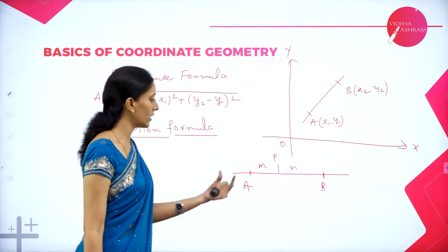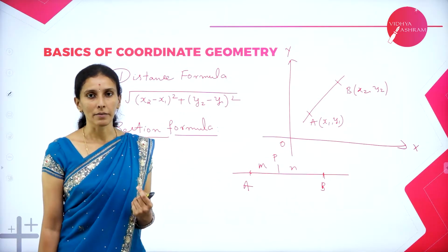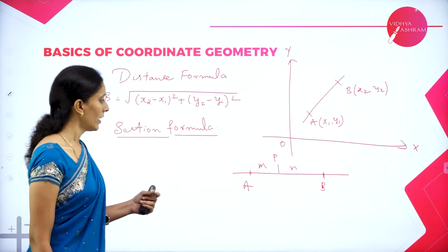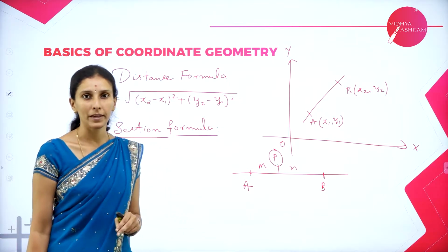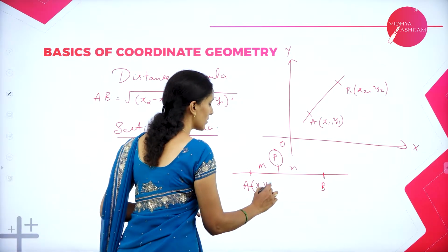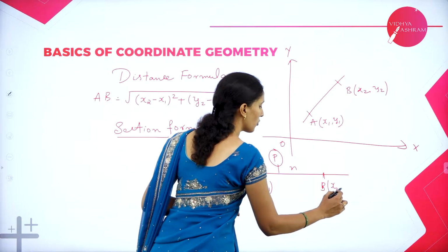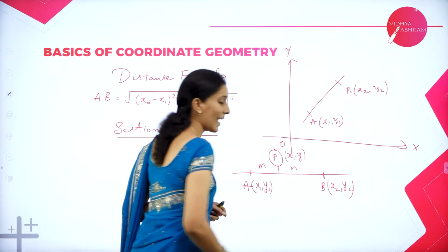The distance between them is considered in terms of ratio, that is m and n. Then how to calculate the coordinates of point P? Consider the coordinates of A as x1, y1 and the coordinates of B as x2, y2. Let me take the coordinates of P as x and y.